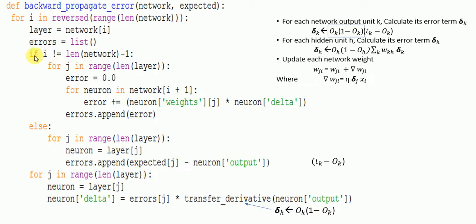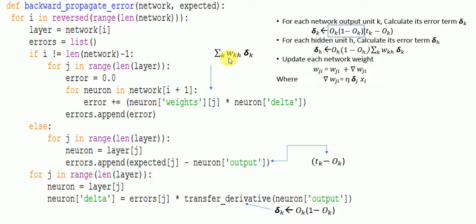Whenever these two conditions are done, it is multiplied with the errors obtained. There are two possible errors that we can get. This one is for the network output layer. So tk is the expected minus obtained value. tk is the expected and ok is the obtained.